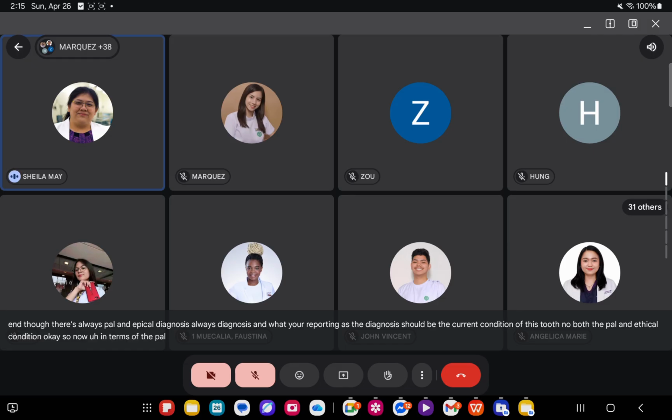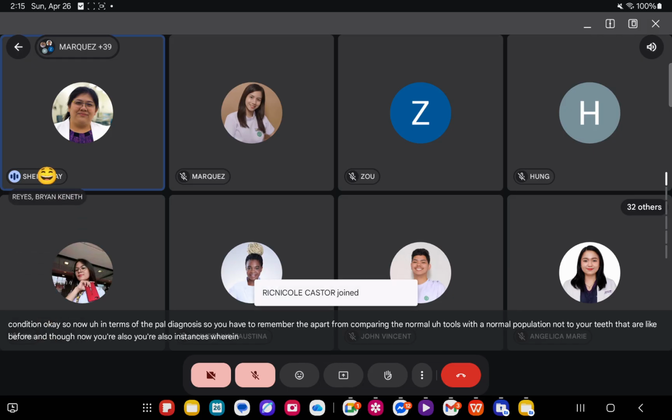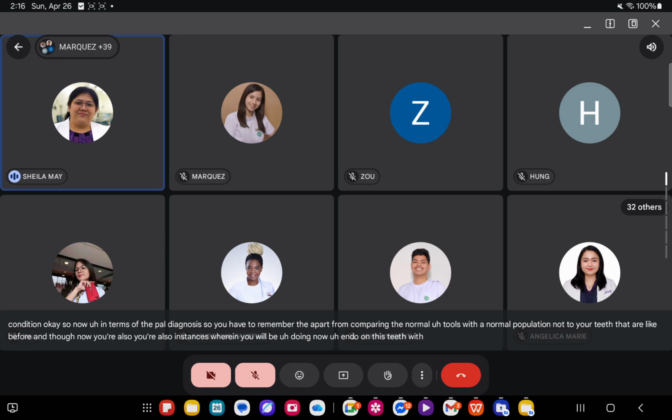In terms of the pulpal diagnosis, you have to remember that apart from comparing the normal tooth with normal pulp tissue to your teeth that are likely for endo, there are also instances wherein you will be doing endo on teeth with normal pulp tissue, for example, for pre-prosthodontic reasons. And even reversible pulpitis, which normally you will just restore, you don't need to do endo.